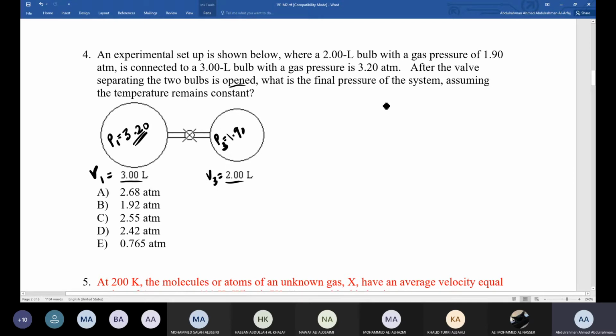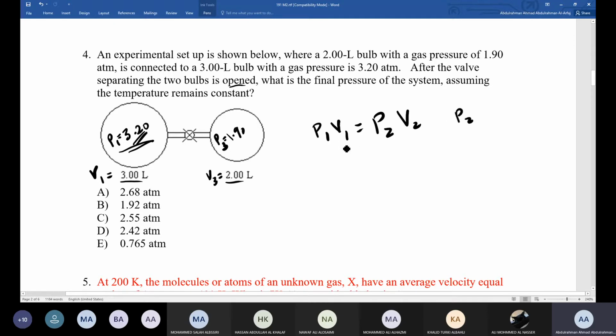P1V1 equal to P2V2. I assume now that the pressure from the other bulb is not available at all. I consider that I opened the valve and this gas only went to the other side. So what's P2?